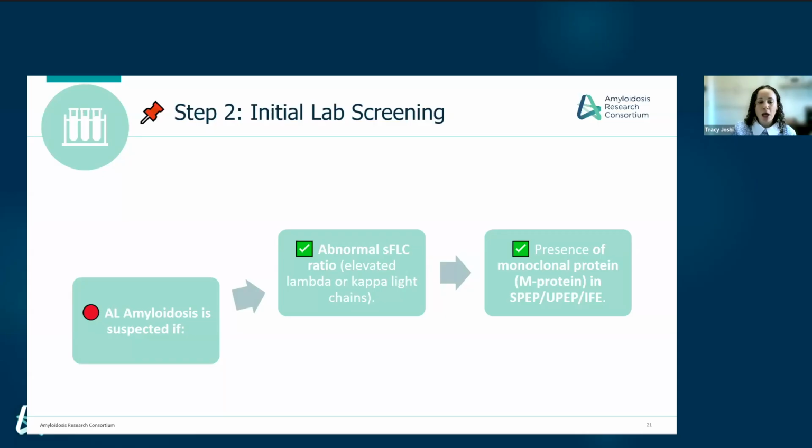Now, the second is the presence of a monoclonal protein in the serum or urine. If an M protein is detected, this can signal that abnormal plasma cells are making excess light chains, a hallmark of AL amyloidosis. Finding these abnormalities doesn't confirm amyloidosis, but strongly suggests that further testing, including a biopsy, is needed.